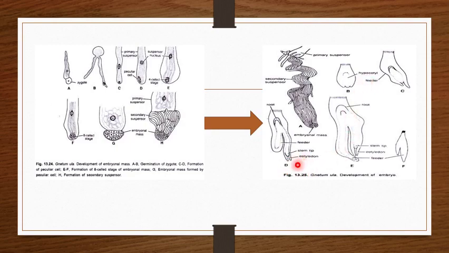Soon, a stem tip with 2 lateral cotyledons forms in the tip region of the embryo mass.